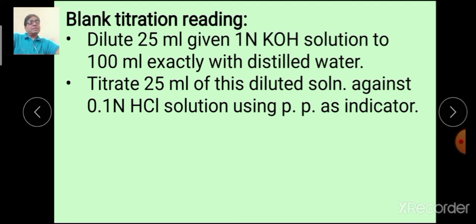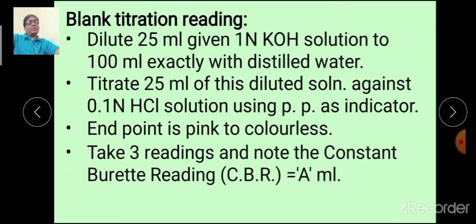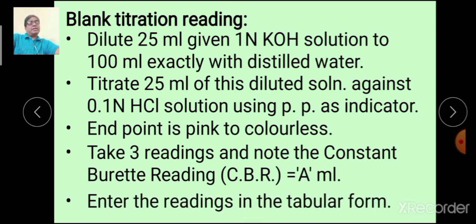The end point is the same, color changes from pink to colorless. Take 3 readings and note down the constant burette reading as A mL. Enter the reading in the tabular form.